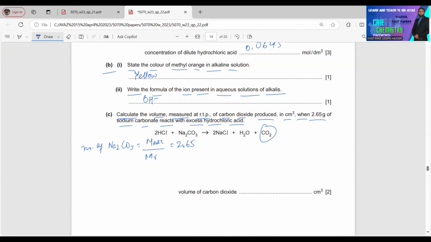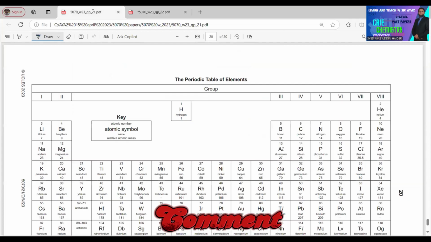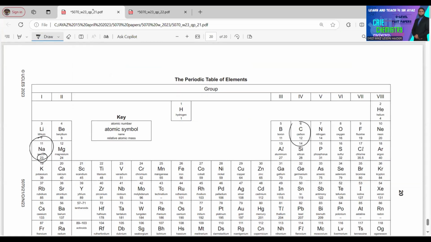Now we need to calculate the Mr of Na2CO3. We have 2 atoms of Na. So 2 will be multiplied by Ar of sodium. Here is sodium. It's 23. C, carbon. Here is carbon. Its Ar is 12.